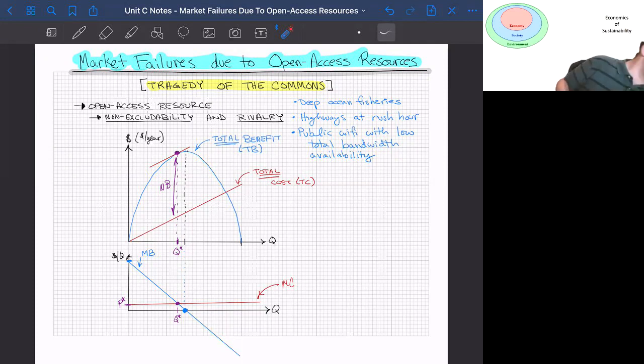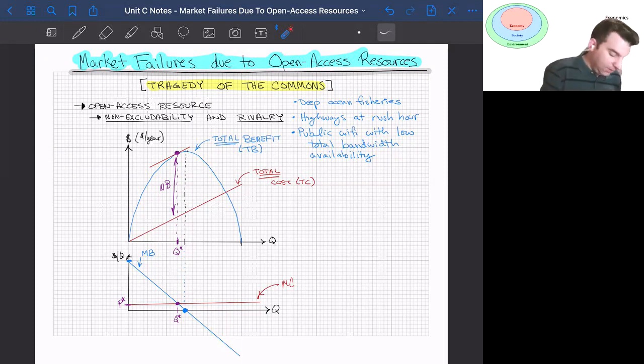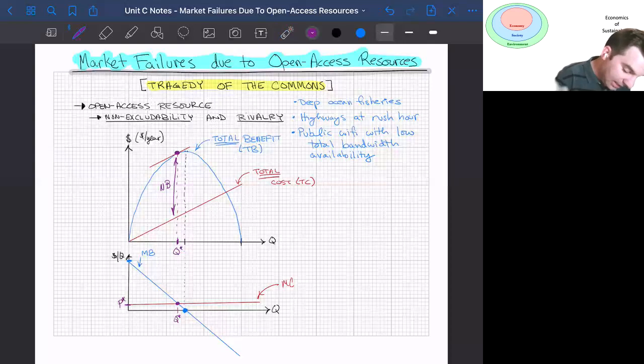So the basic idea here is that the marginal benefit of entry is positive and the marginal cost of entry is zero. So you can view it that way for the open access case.